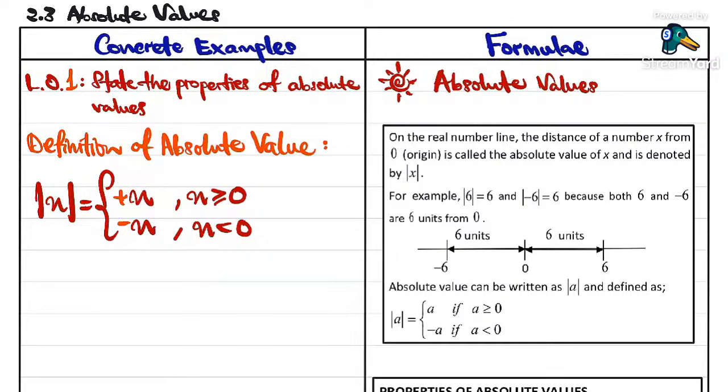Okay, so also since we know that there are two value of x, we can also write it down. There are another definitions. Also, we must note that modulus of x ataupun absolute value of x is also equals to the square root of x squared.